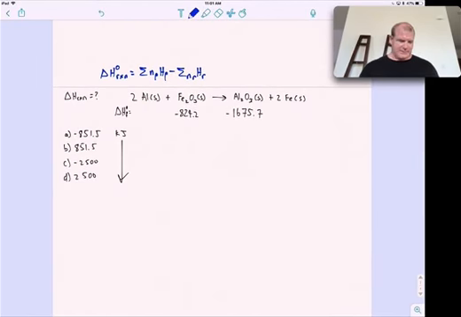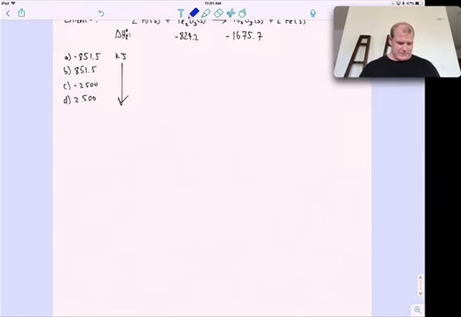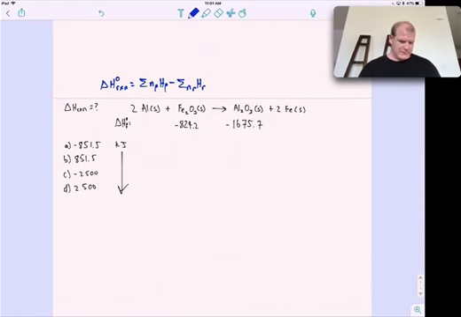So let's see if we can do this reaction. This is also known as the thermite reaction. You can use this to generate liquid iron. And see if you can do the heat of this reaction. You notice aluminum and iron, although I simplified it, the iron is usually liquid after this reaction, but let's simplify.